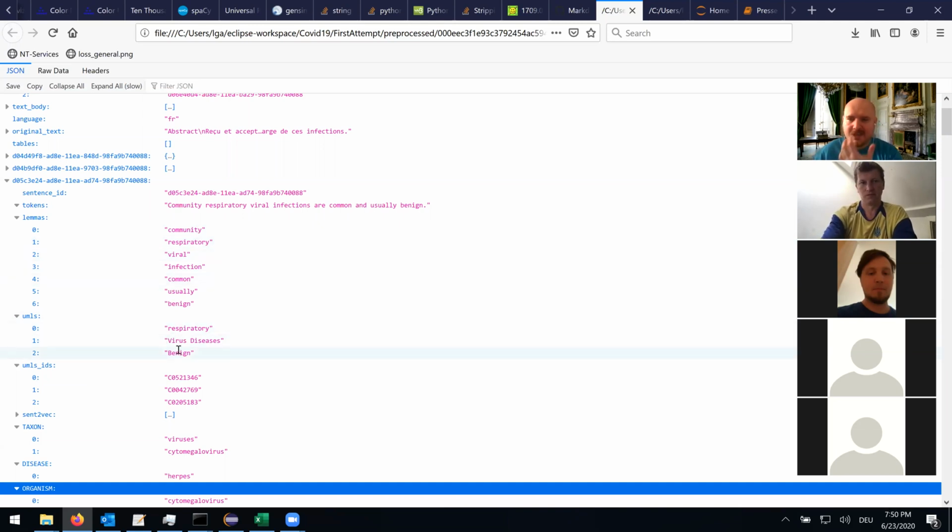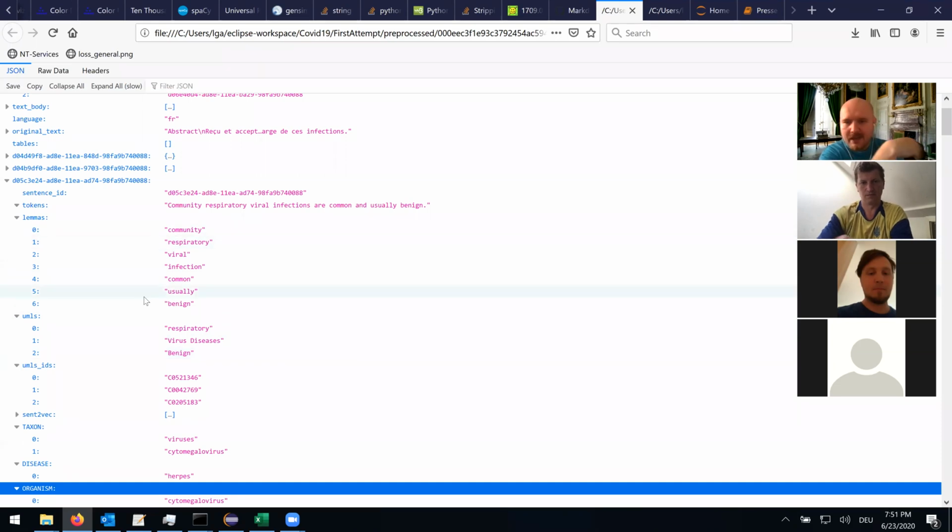So the most effective way would be just to run over V30 or V19 and over those categories. I have already posted a notebook showing how you can go over the data set to get different types of categories, and gather all possible lemmas, UMLS terms or other named entity recognition items.